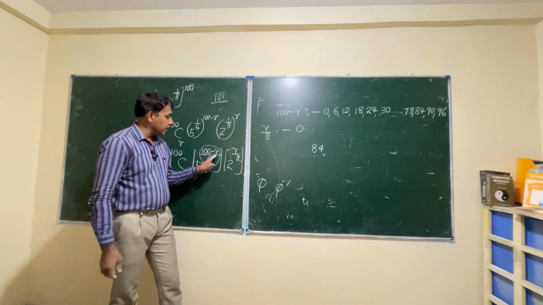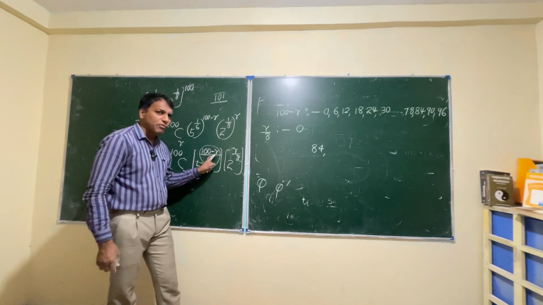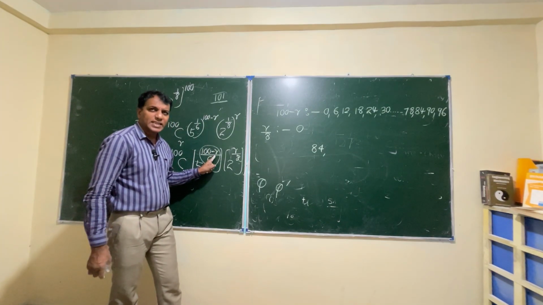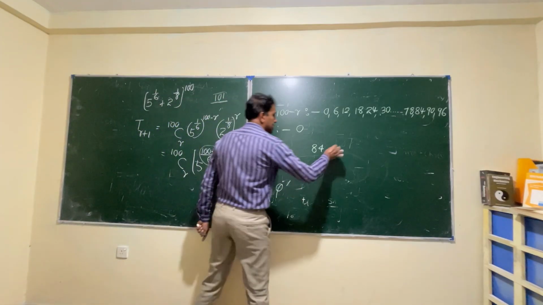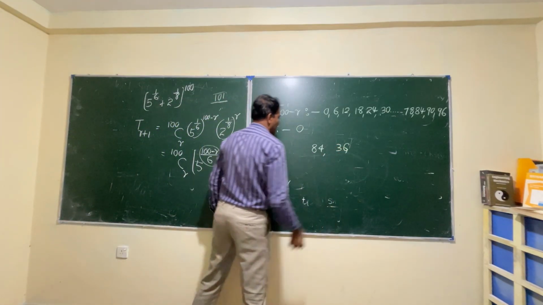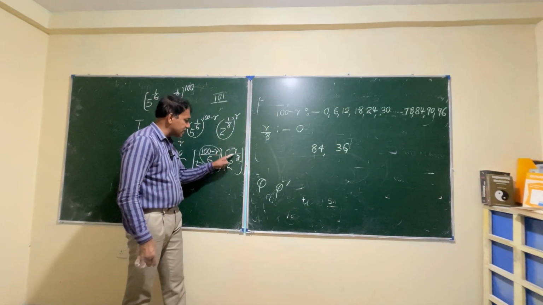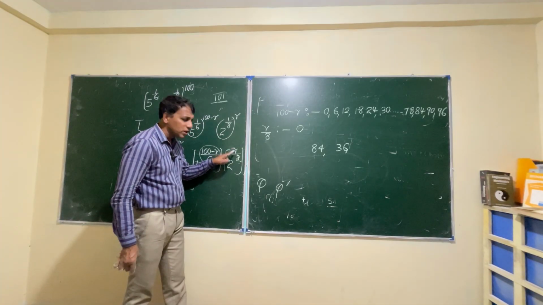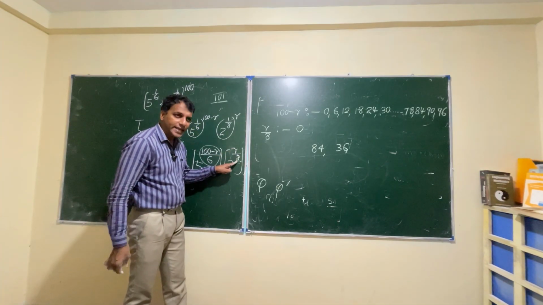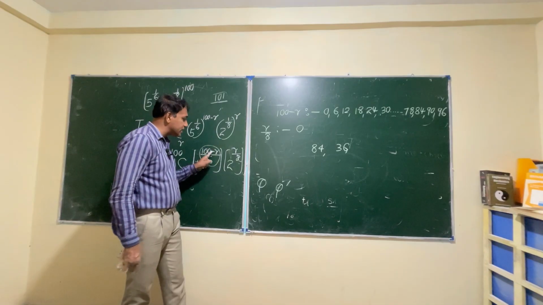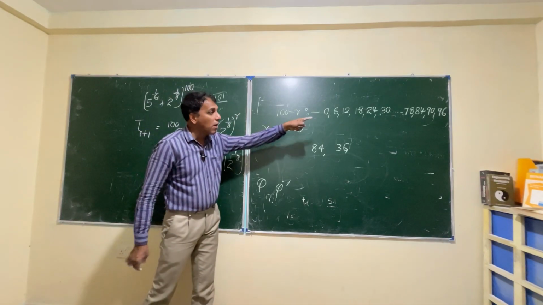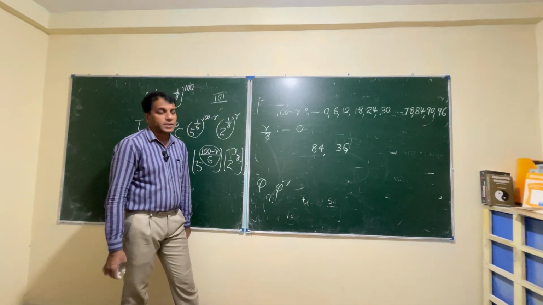Then what else? This comes 64 and 36. If this becomes 64, r is 64, and 64 divided by 8 is 8. Under 36 it is also possible. So I marked here 36.